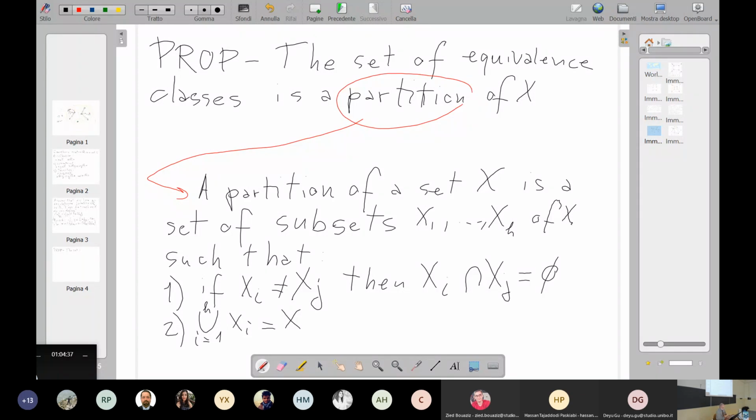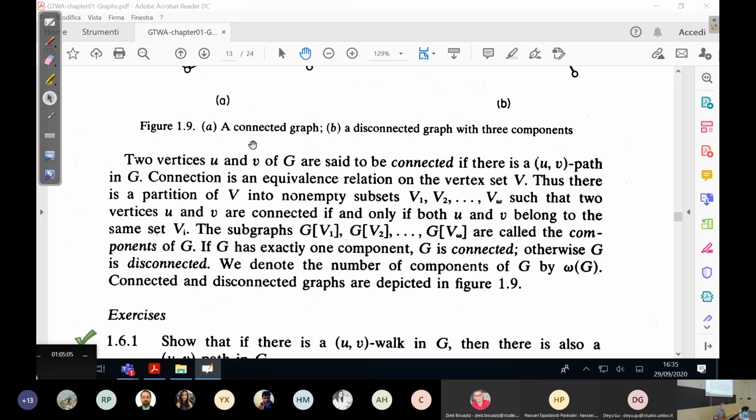Okay, so if I have an equivalence relation, and this is extremely general, if I have any equivalence relation on any non-empty set, then the set of equivalence classes I've defined in the page before is a partition of the initial set X. Okay, so this is exactly what we have in our situation, because we have seen that, well, not yet for the third property, transitivity, but I promise that we'll see also that third part, but we are in presence of an equivalence relation.